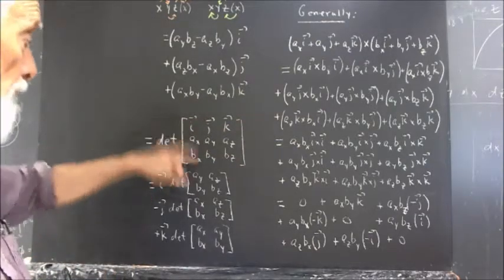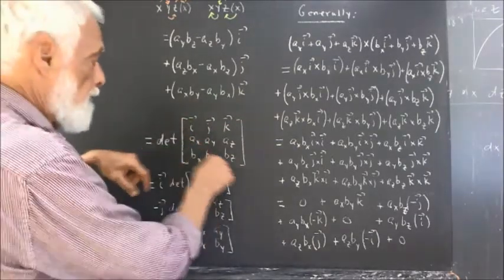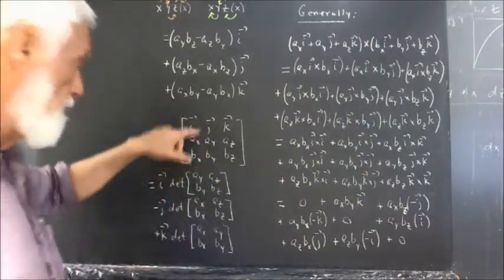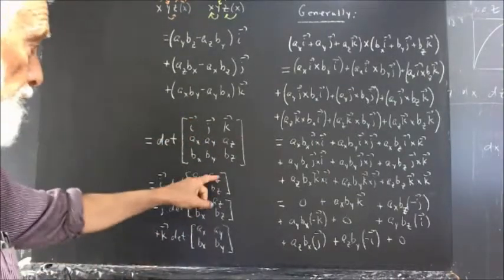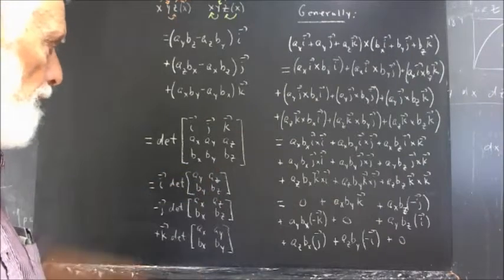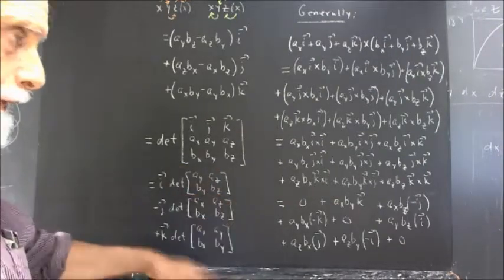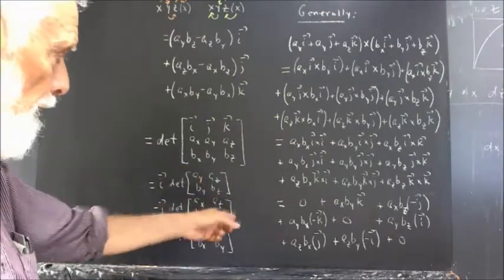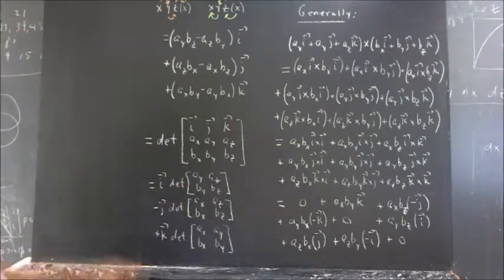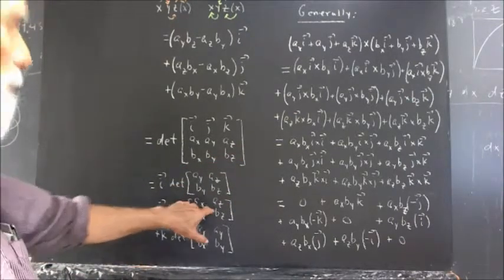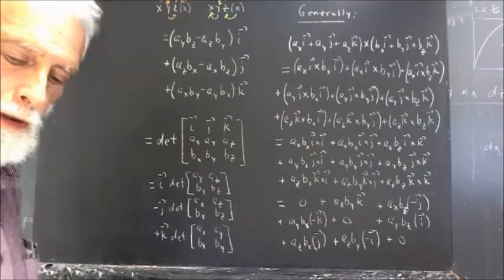So it's going to be i times the determinant of the minor that we get when we eliminate the column below i, AY, AZ, BY, BZ. And of course the determinant of any 2 by 2 is just this diagonal minus this diagonal. Okay, then minus j times the determinant of that minor plus k times the determinant of that minor.